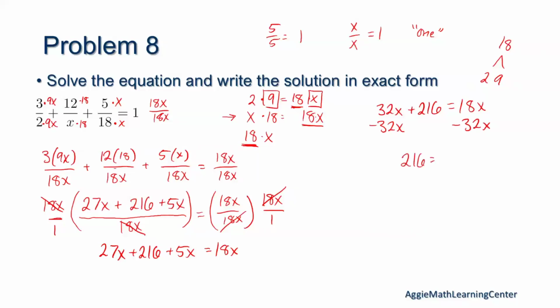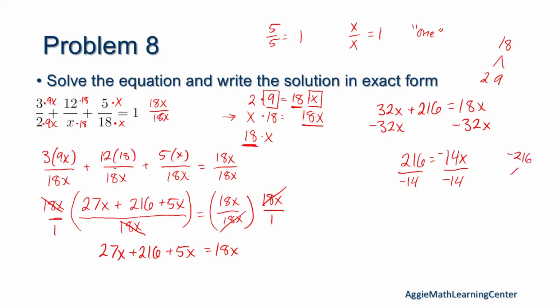So what is 18x minus 32x? Looks like negative 14x, unless I did algebra wrong. Okay, then we can get x by itself by dividing by that negative 14. And we can factor out a 7.